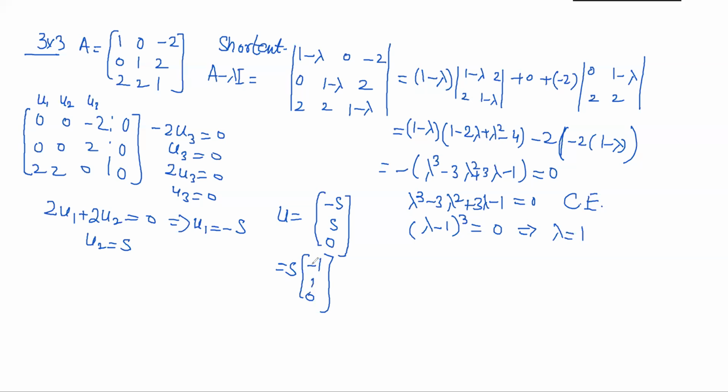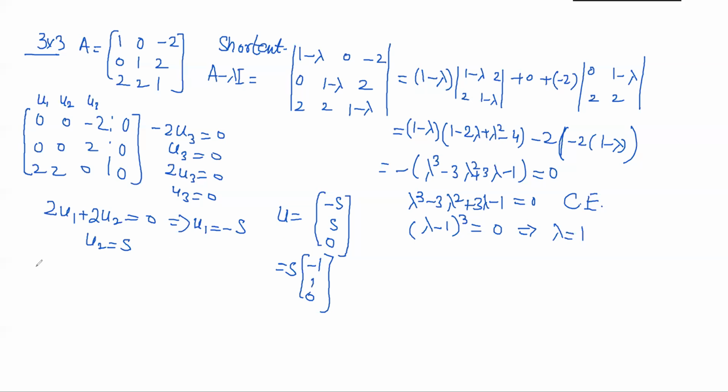We can take minus 1 as common as well, and that minus 1 is absorbed into the arbitrary constant. So the eigenvector is minus 1, 1, 0.